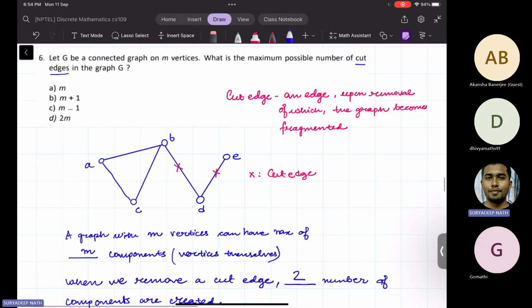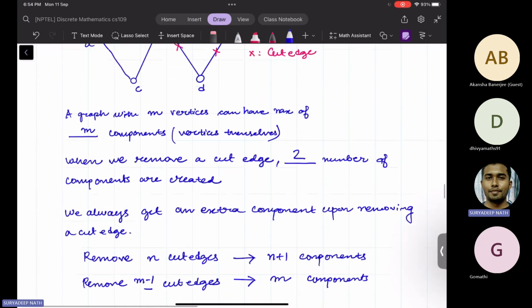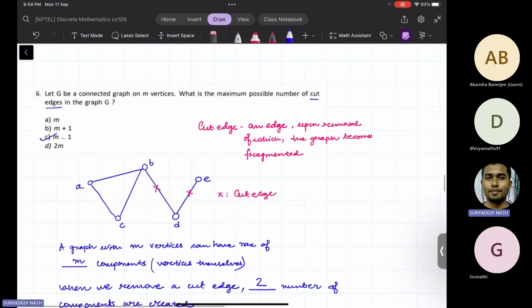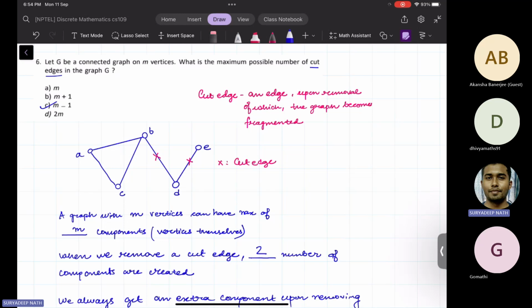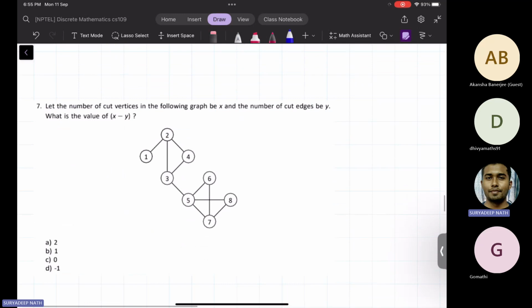Since a graph can have a maximum of m components, we can remove a maximum of m minus 1 cut edges. So the right answer is option C for this question. I hope this is clear to everyone. Okay, then we'll move on to the next question.